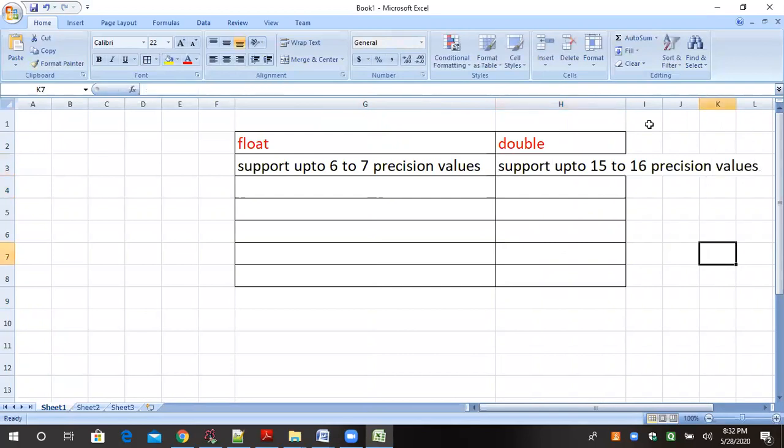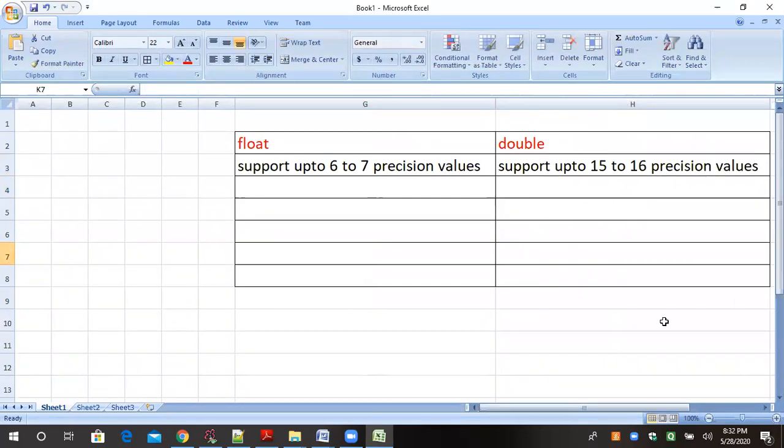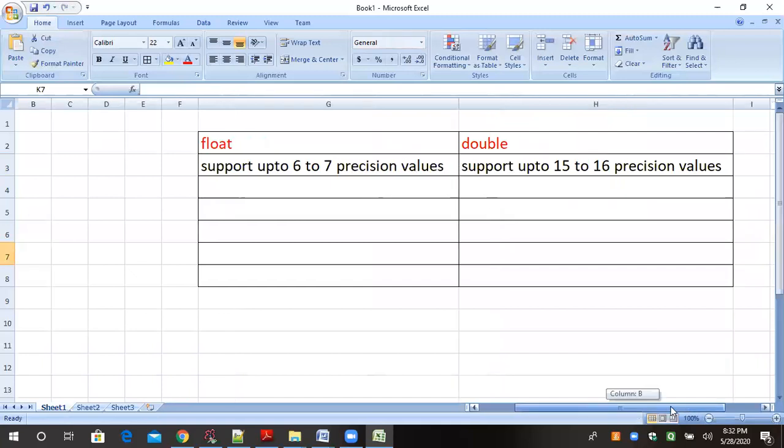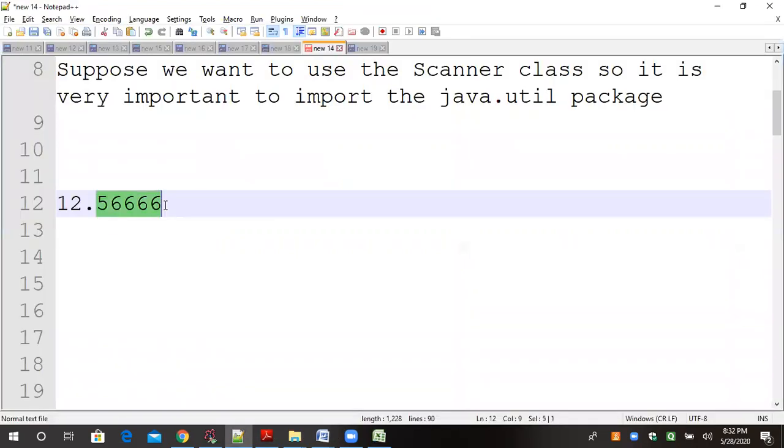That means after the decimal point, how many values can be supported by float? Only 6 to 7. But sometimes we are doing some calculation where I want more accuracy, a more detailed answer, up to 15 to 16 precision values. So we will go with double. The values after the decimal place are called the precision.